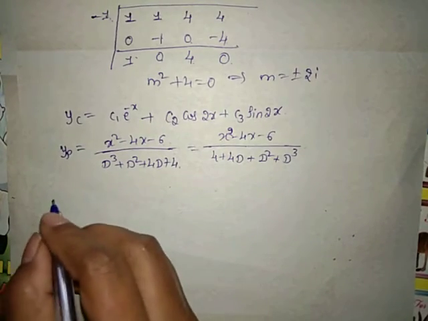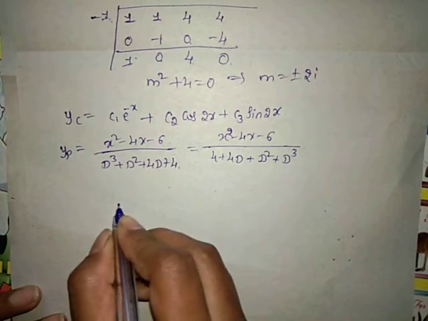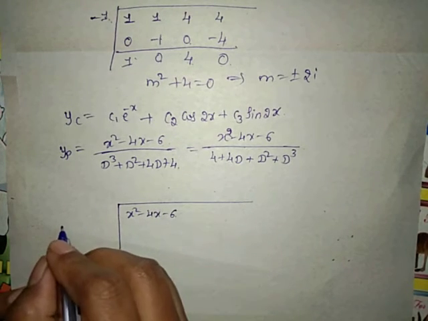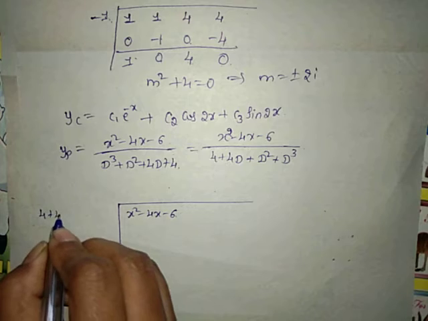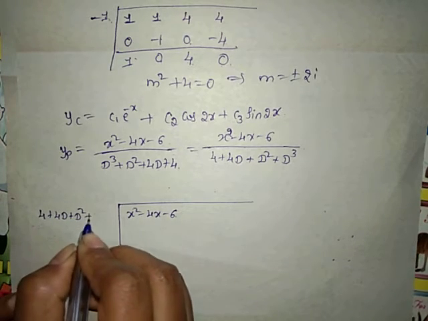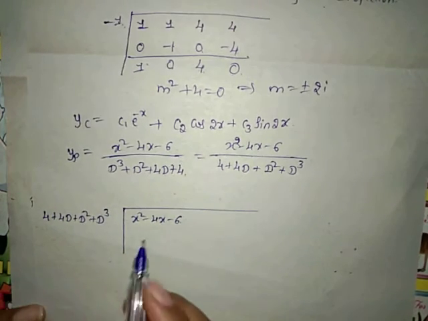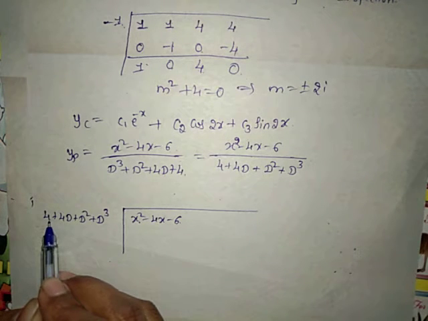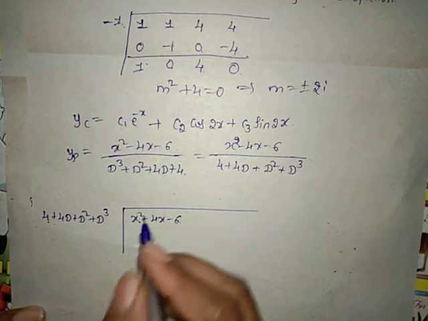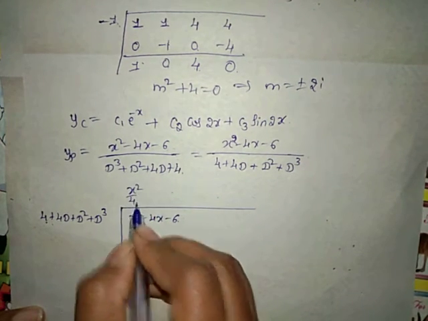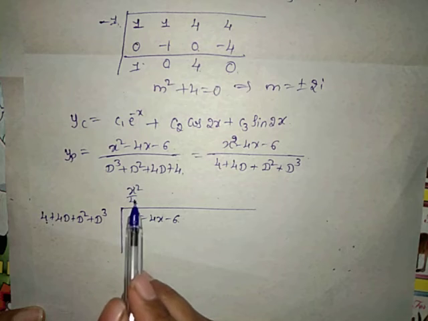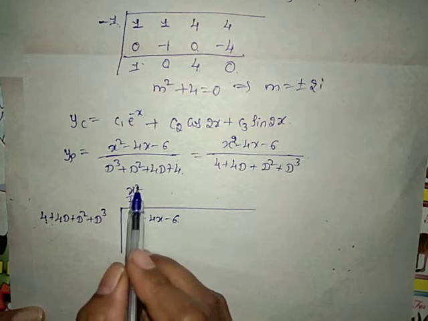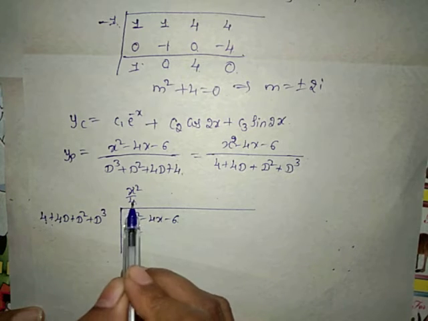Now by the division, x square minus 4x minus 6 divided by 4 plus 4d plus d square plus d cube. Function of x divided by function of d, x square divided by 4 is our quotient. 4 into x square divided by 4 is x square. 4 into derivative of x square by 4, 4 cancelled.